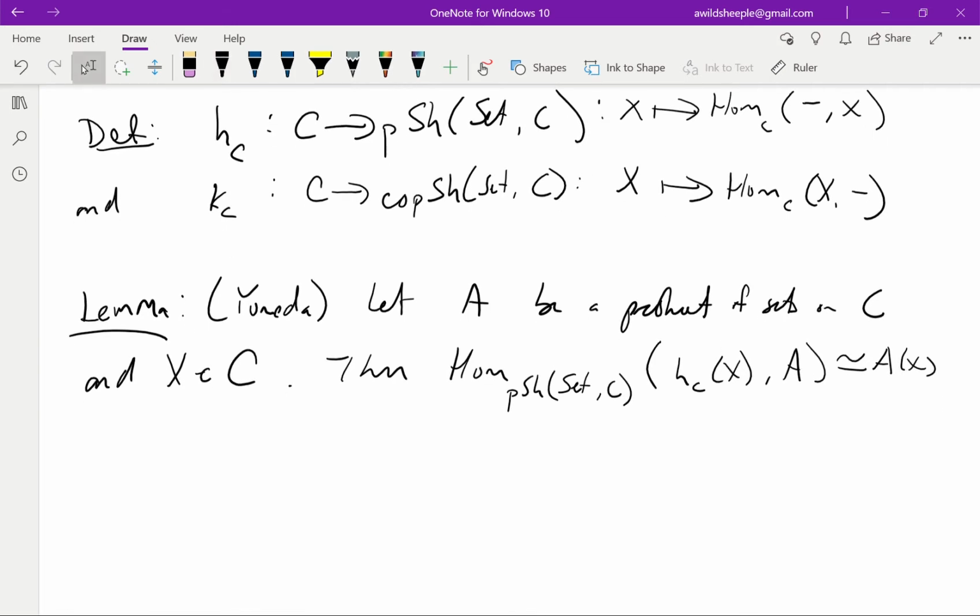So what I'm claiming here is that this isomorphism is as functors.